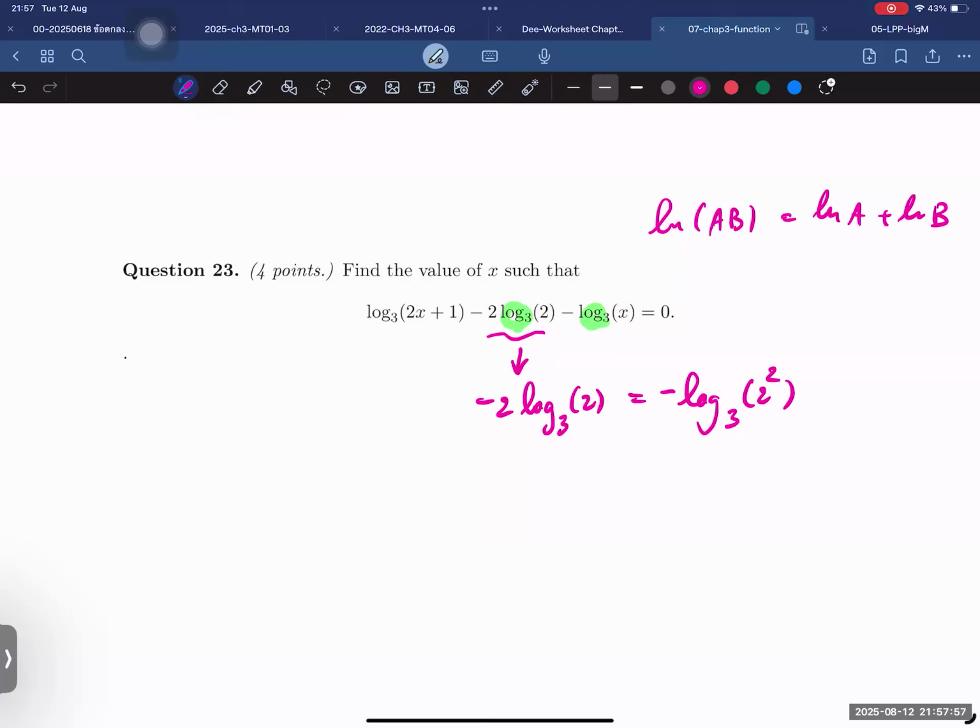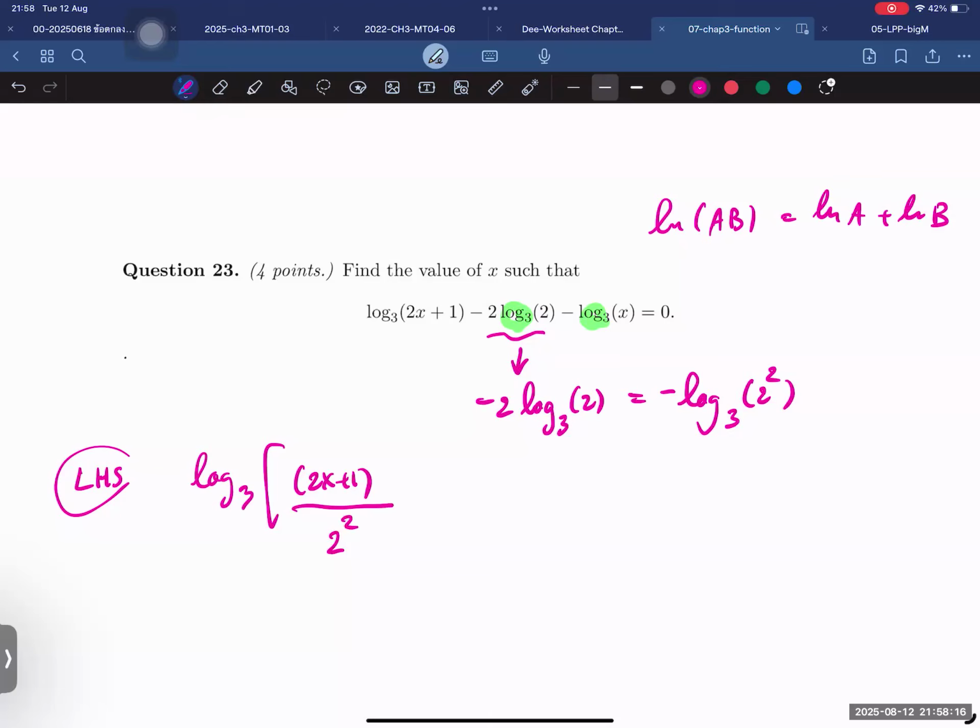Right? So the original left hand side combined together is going to be log base 3 of 2x plus 1. The second one, because of negative, right? It's going to be divided by 2 squared.